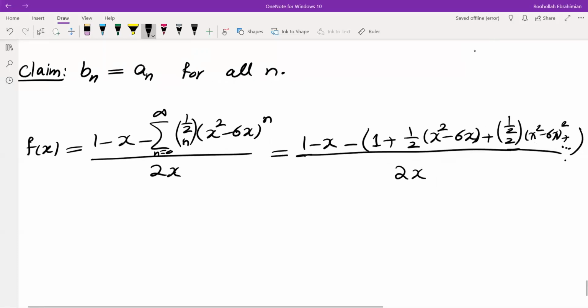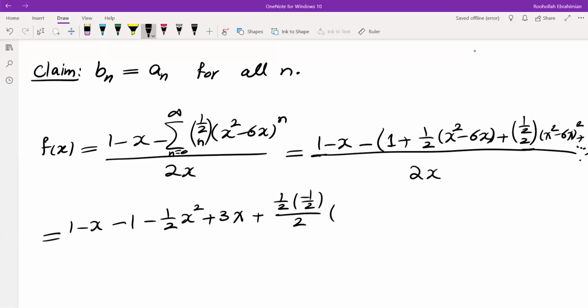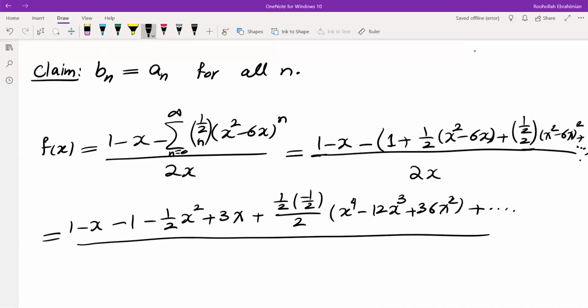So that is 1 minus x minus 1 minus 1/2 x squared plus 3x plus 1/2 negative 1/2 over 2 factorial x to the power of 4th minus 12x cubed plus 36x squared plus dot dot dot, I don't need any of those, divided by 2x.